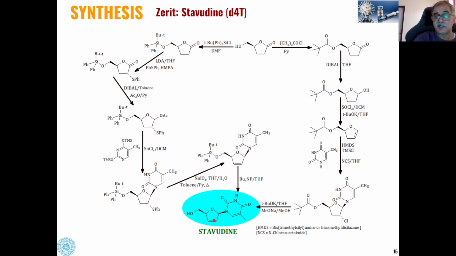This will create a carbon-carbon double bond. The heating in the presence of toluene and pyridine will also remove this silyl protecting group, and the hydroxyl group will be generated there. So this is how this can be converted into stavudine through this method.